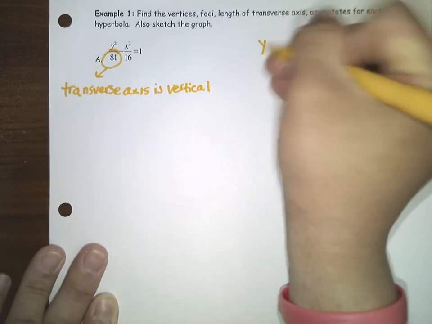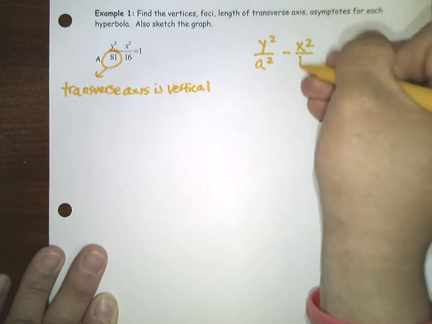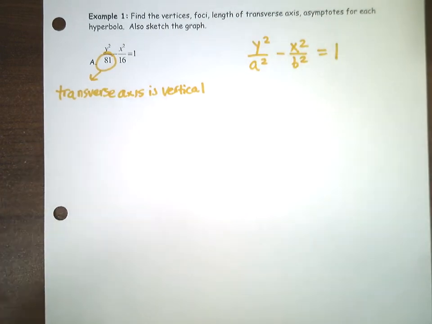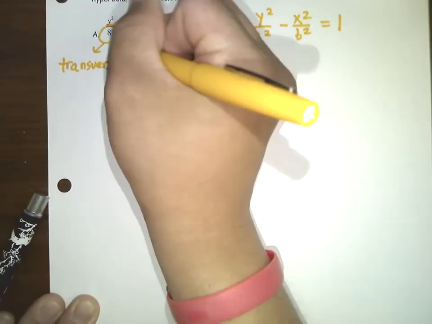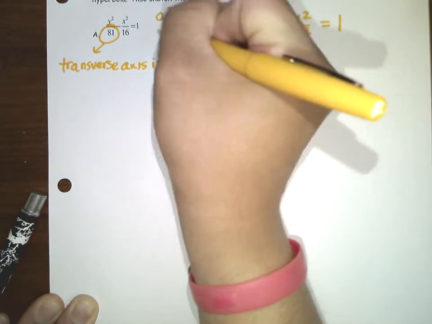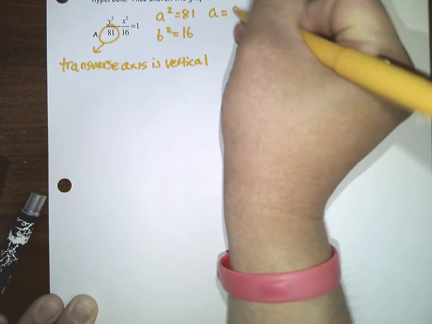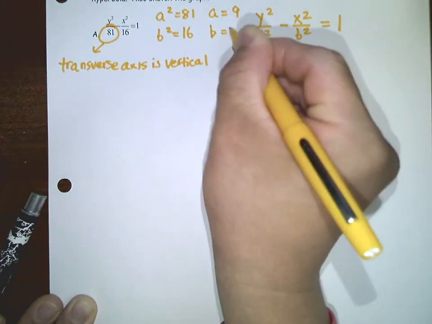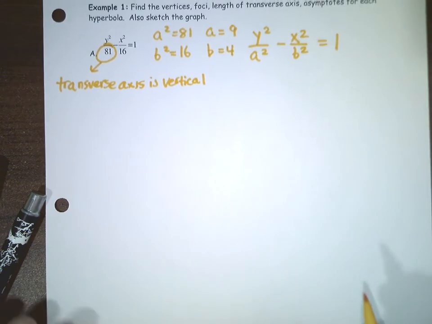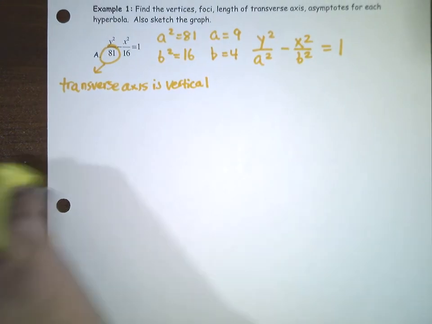So we have y squared over a squared minus x squared over b squared is equal to 1. So we know that a squared is equal to 81 and b squared is equal to 16. So the square root of 81 is 9. So a is 9 and the square root of 16 is 4. So b is 4.